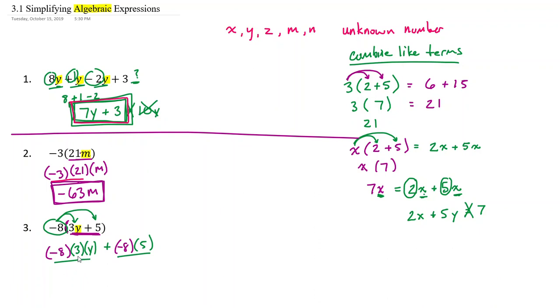Negative 8 times 3 times y, which is, we can do the negative 8 times 3, that's negative 24, but I can't do the times y, so I'll just write it, times y, plus, I can do negative 8 times 5, that's negative 40, and normally I would write that as negative 24y minus 40. It's probably a better way to write it.